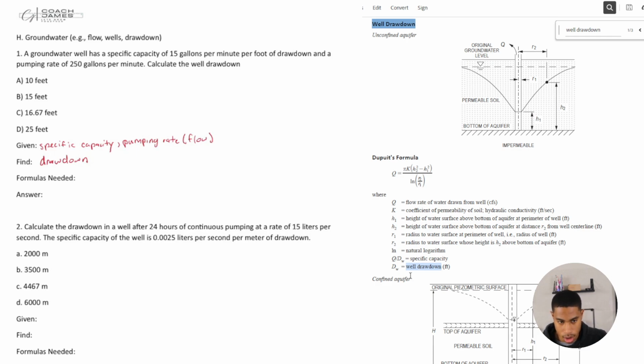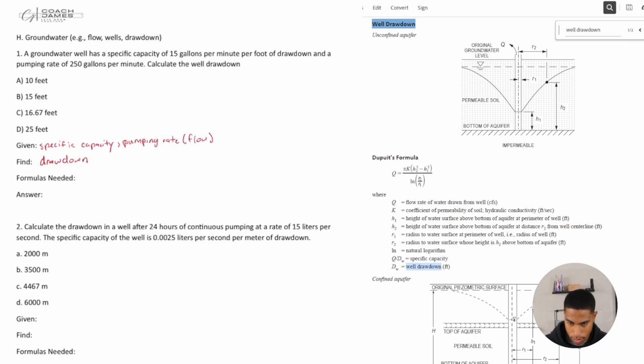Okay. And then DW is the well drawdown, and then equals the specific capacity. Are we given specific capacity? Yes. Are we given Q? Yes. So the only thing we're solving for is DW. So I can get this using this formula.